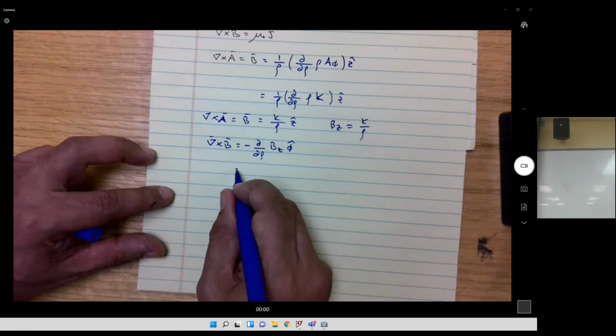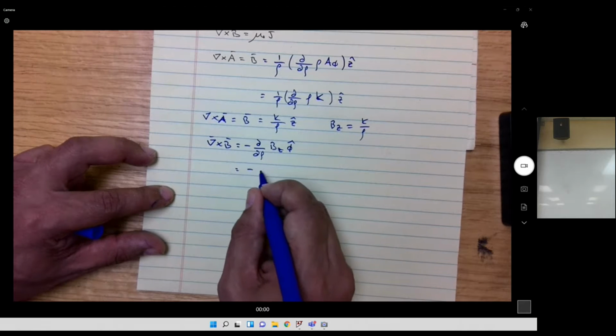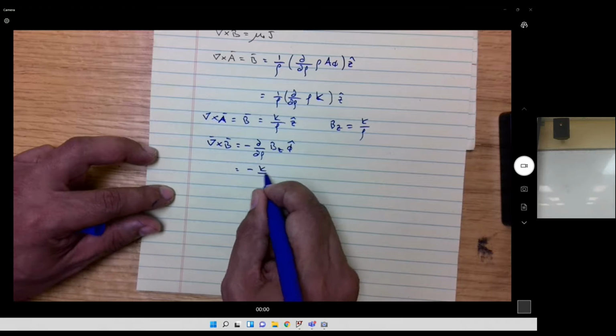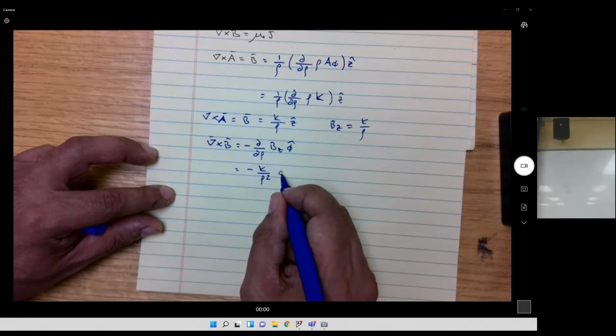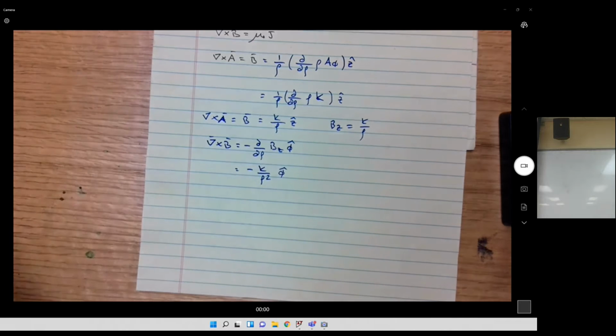Okay, and this is going to give us what? Minus k over rho squared in the phi direction.